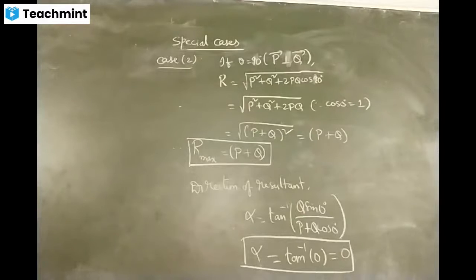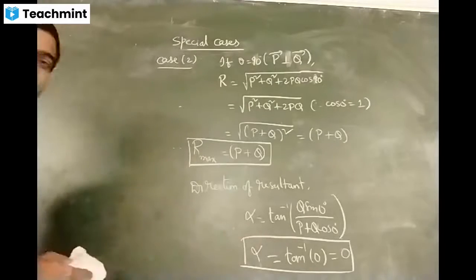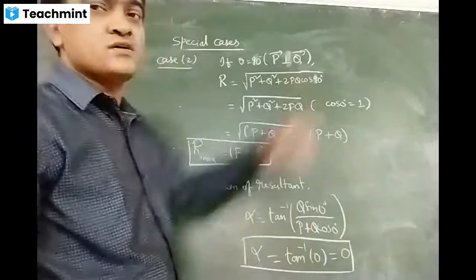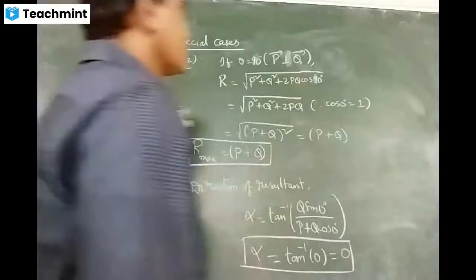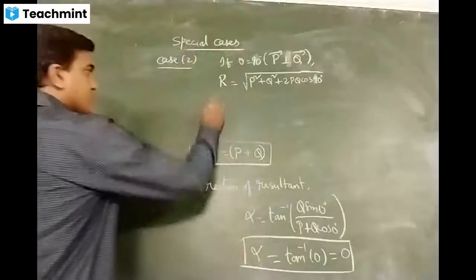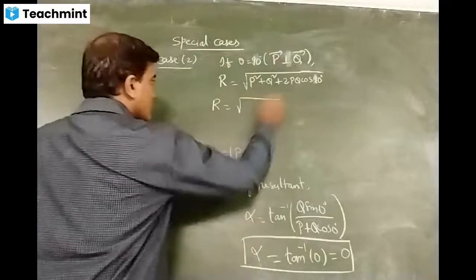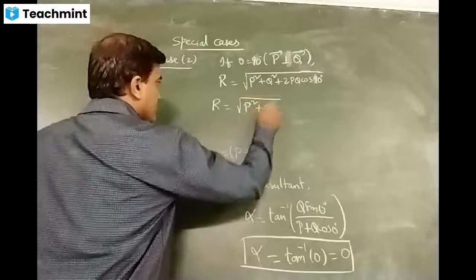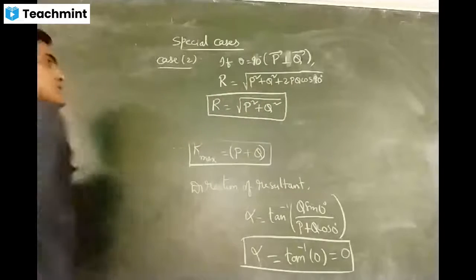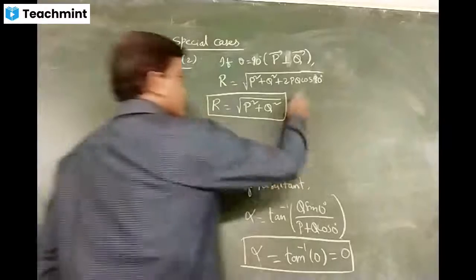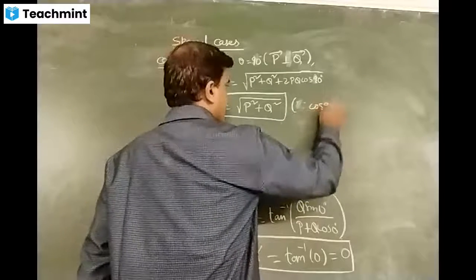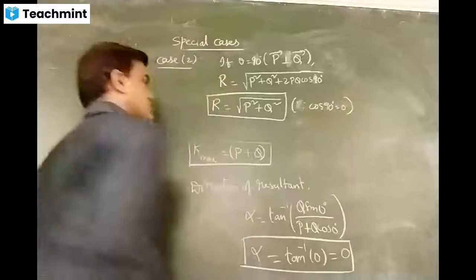Cos 90 is 0. Finally, what I'm getting is R is equal to root over P square plus Q square, since cos 90 degrees is equal to 0.